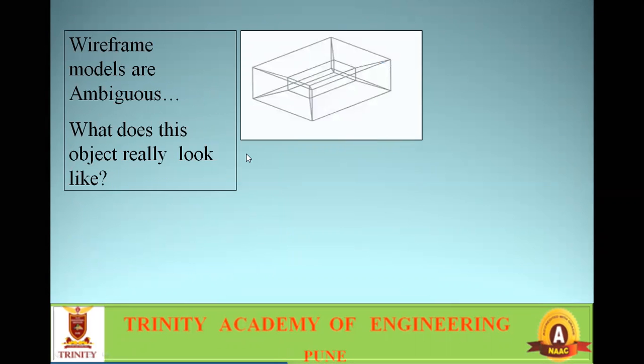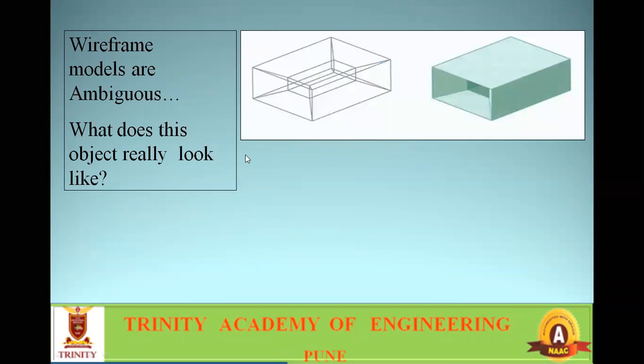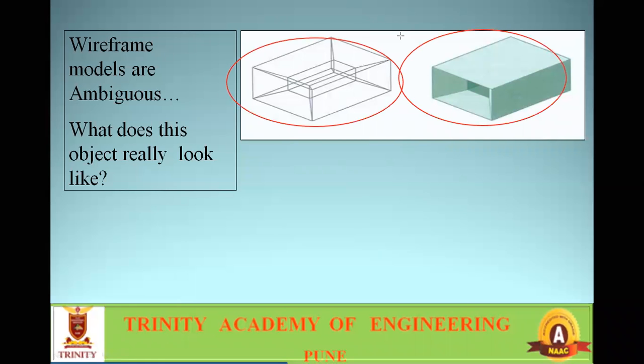Wireframe models are ambiguous. What does this object really look like? This object is looking like this object, and like this object. But from these objects, we can't get a clear idea how the model looks.